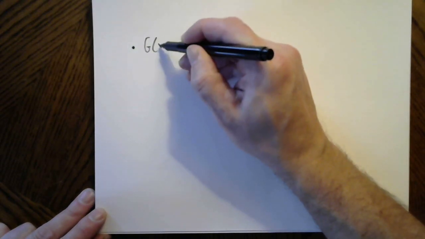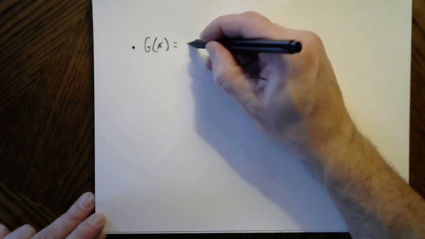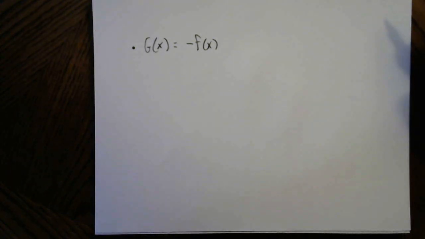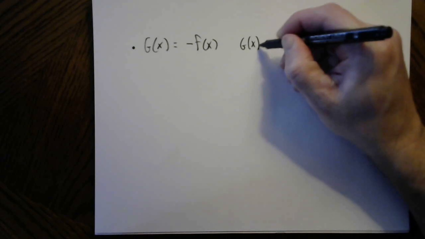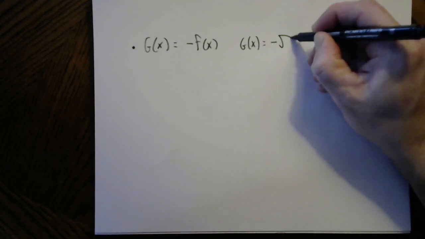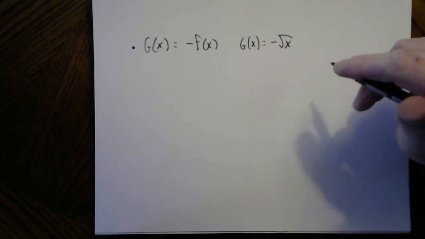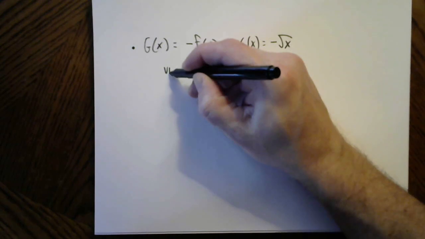What else can I do? I can negate an essential function. For example, g of x equals negative square root of x. And this is a vertical reflection.